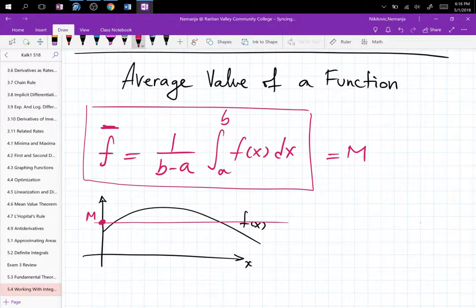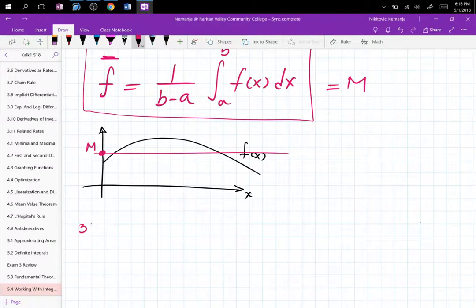So let's pick a problem from the homework to take a look at this concept of average. Beautiful problem. It says average height of a wave.